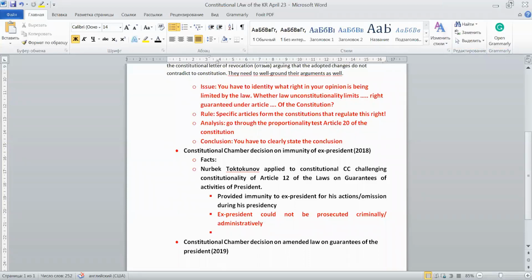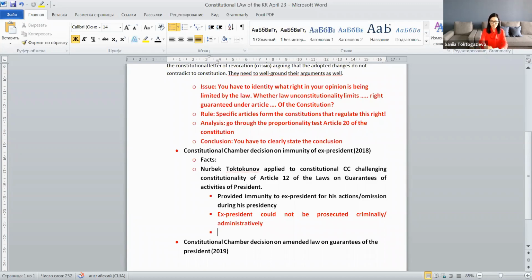To the ex-president. And this, in the opinion of Nurbek Toktokunov, creates an absolute immunity for the ex-president, which is not acceptable. This is the key thing.